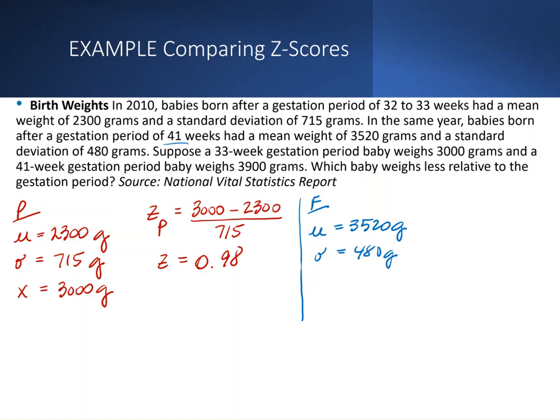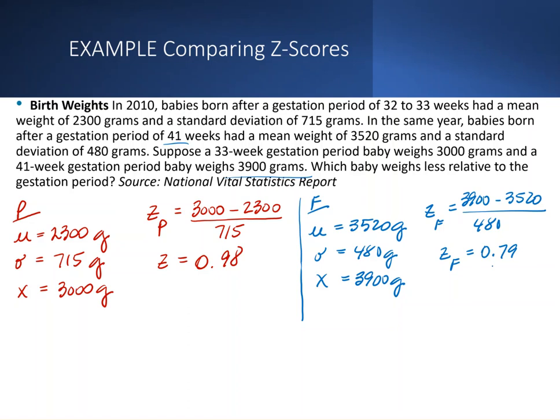And then I want to come down here to my example, and the individual baby x is equal to 3,900 grams. So the z-score then for the full-term baby would be the 3,900 minus the mean for full-term babies, 3,520, divided by the standard deviation for full-term babies at 480, and we see that the z-score ends up being 0.79.